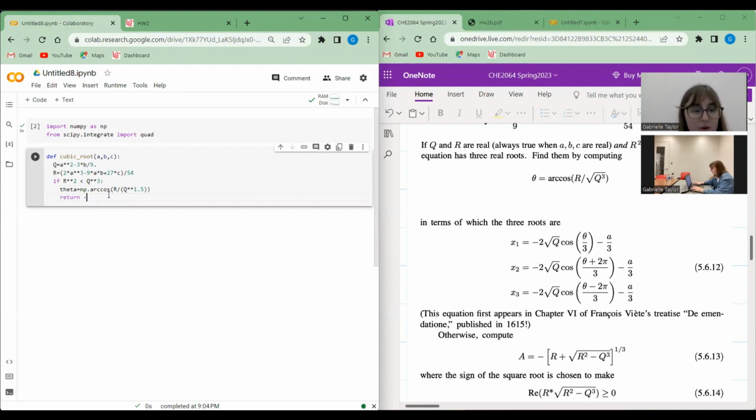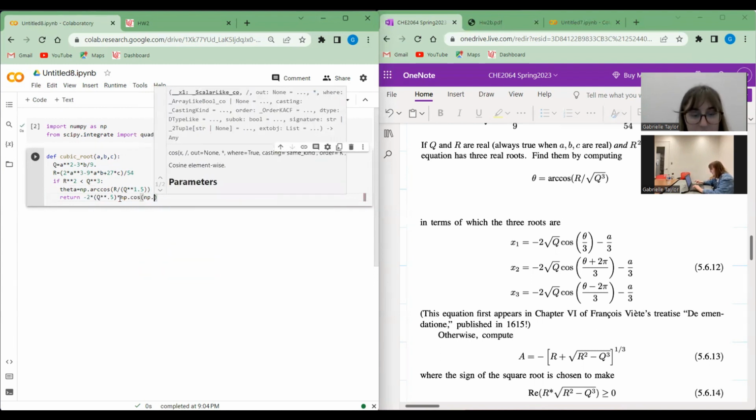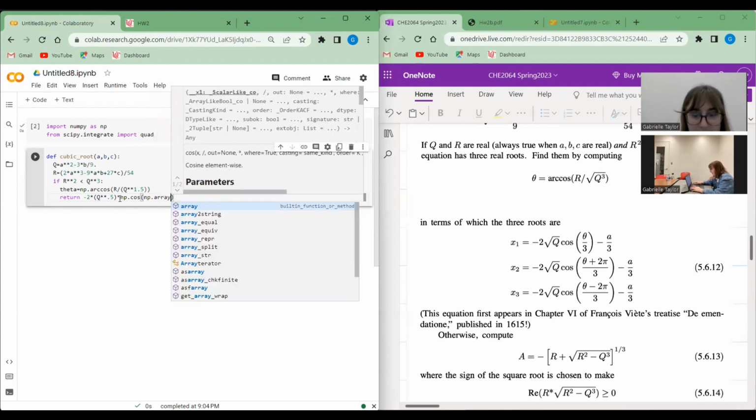So first we're going to do -2 times Q to the 0.5 times np dot cosine.